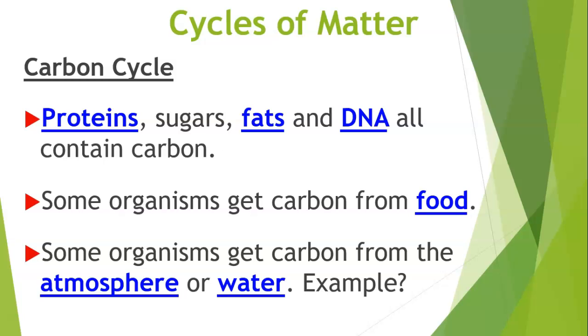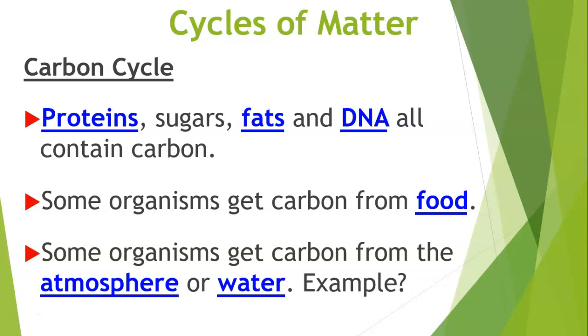And so when primary consumers eat plants, they're taking in carbon from the plant that they eat. When a secondary consumer eats a primary consumer, they're taking in some of the carbon from the plant that that primary consumer ate. So we get our carbon from food. However, there are some organisms that get their carbon from other things, like the atmosphere or water.